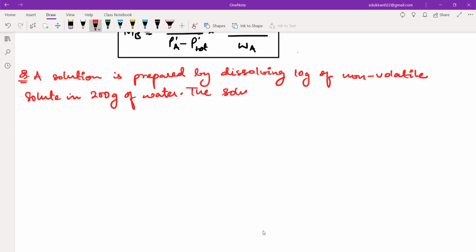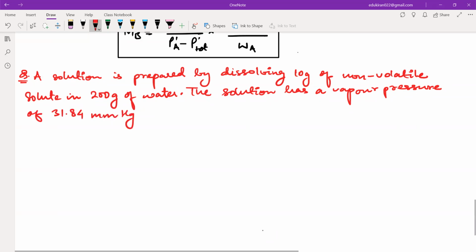The solution has a vapor pressure of 31.84. Okay, I'm just writing this down, okay? Just so you can copy this.